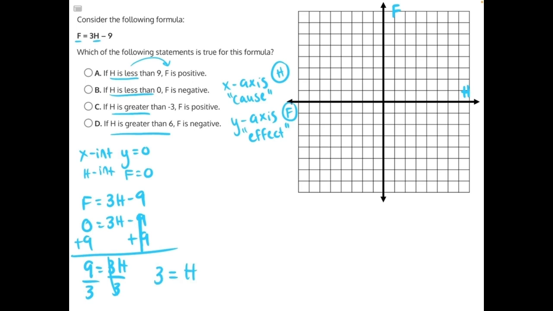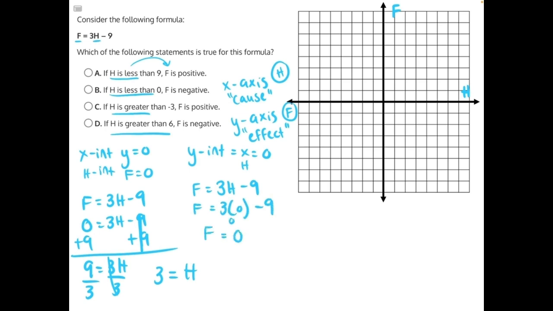Now we need to find our y-intercept by setting x equal to 0, or in this case, setting h equal to 0. So now we rewrite our equation again, f equals 3h minus 9, but now we're going to plug in 0 for h. 3 times 0 will just give us 0.